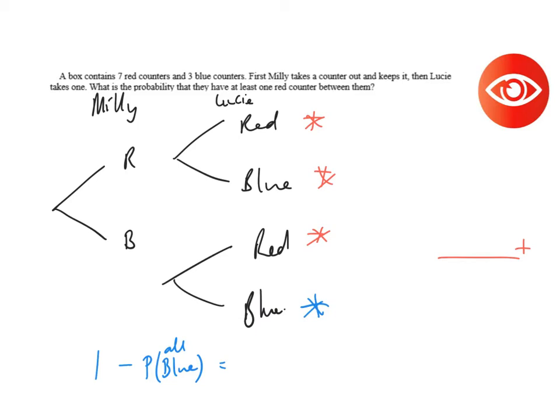So once we've got the diagram set up, we can put the probabilities on. Got to be careful because she keeps it. Then we can work out the probabilities as we go through.